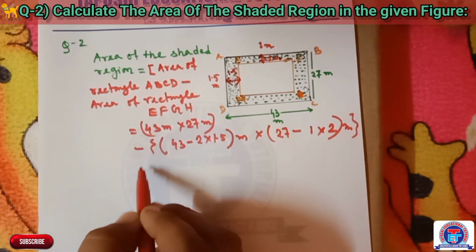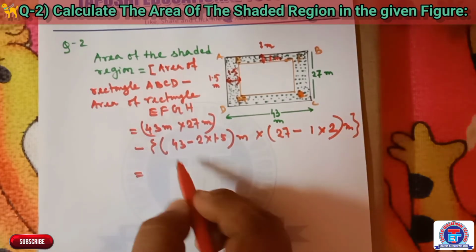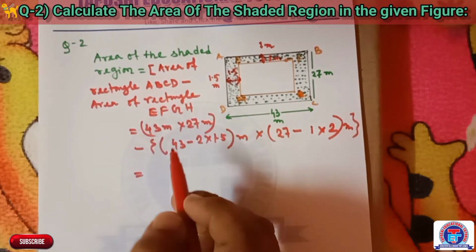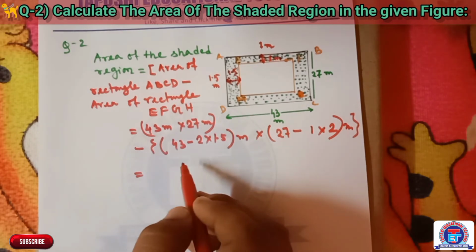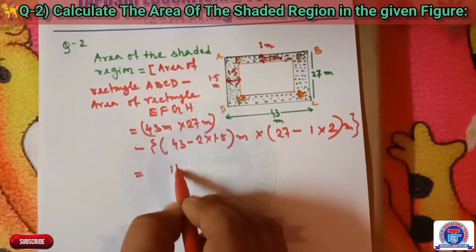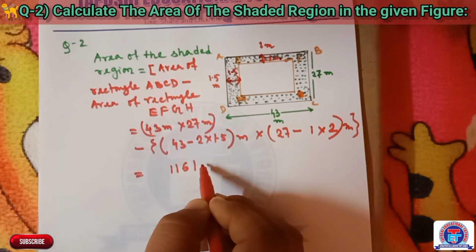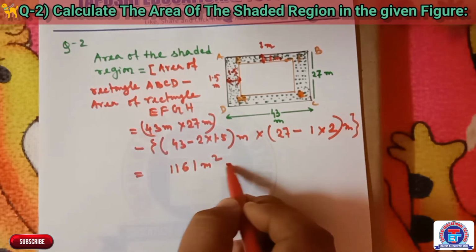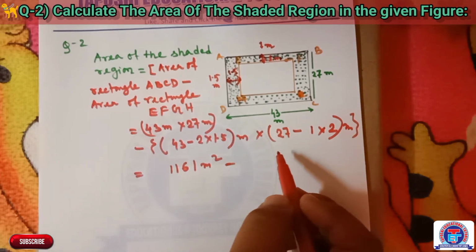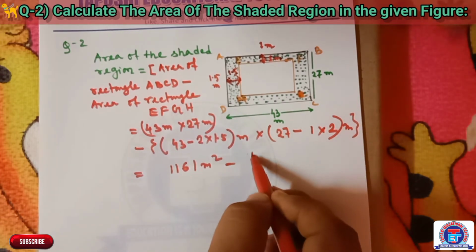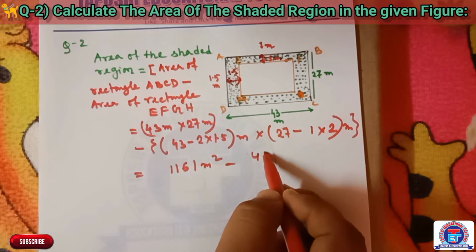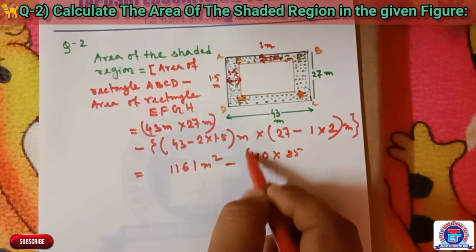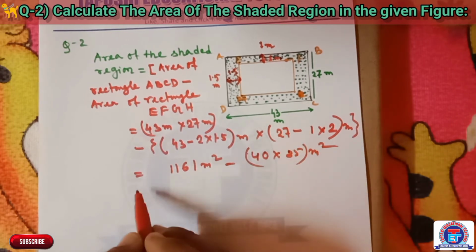Now if you multiply this, using a calculator, it will become 1161 meter square minus 40 into 25 meter square.